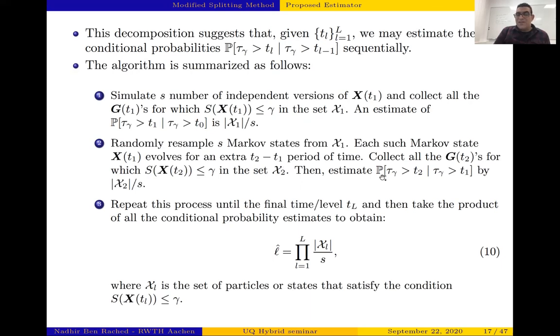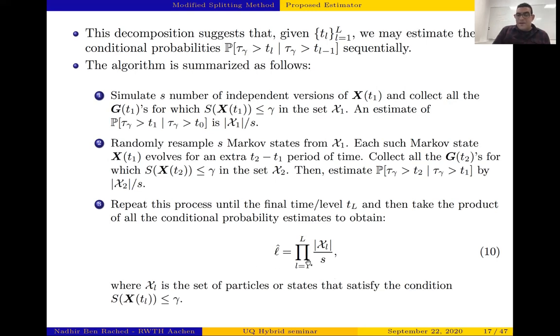Again, we estimate the second conditional probability by the cardinal of chi2 over S. This process is repeated until the final level TL. Then we take the product of all the conditional probability estimates to obtain the final splitting estimator in our case.